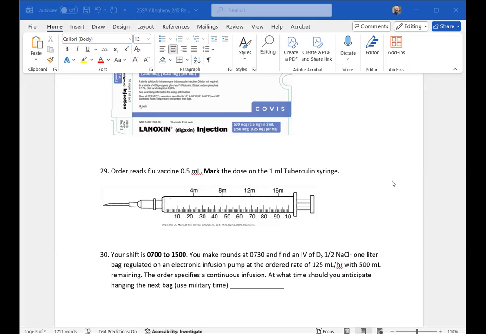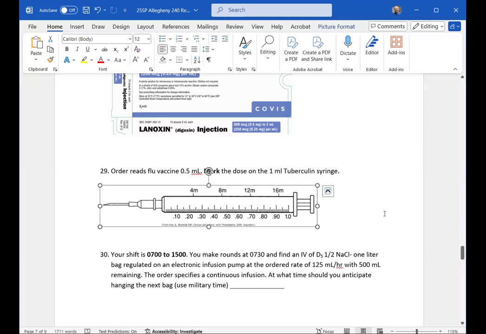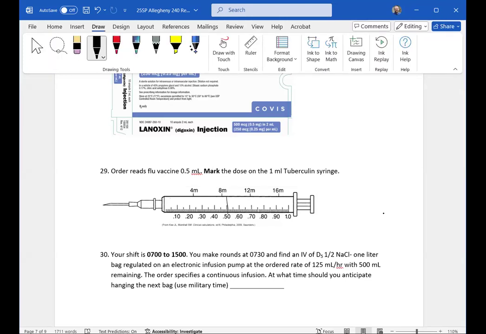So when I look at this syringe, because it tells me it's a 1 ml tuberculin syringe, the clue that lets me know what numbers to use is that the total for the syringe is 1. And you can see when we look at the syringe here that the total at the bottom set of numbers is 1. So when I mark this syringe, I'm just going to mark right here at the half mark, okay?